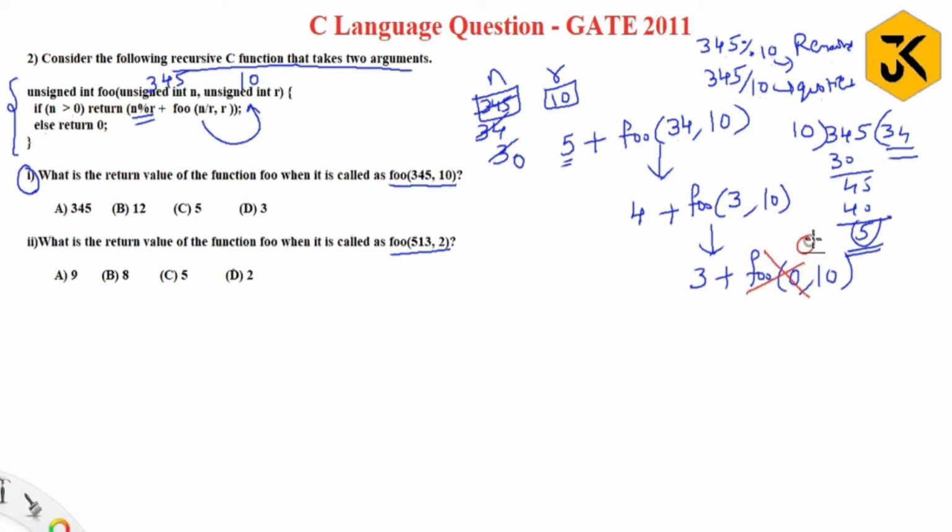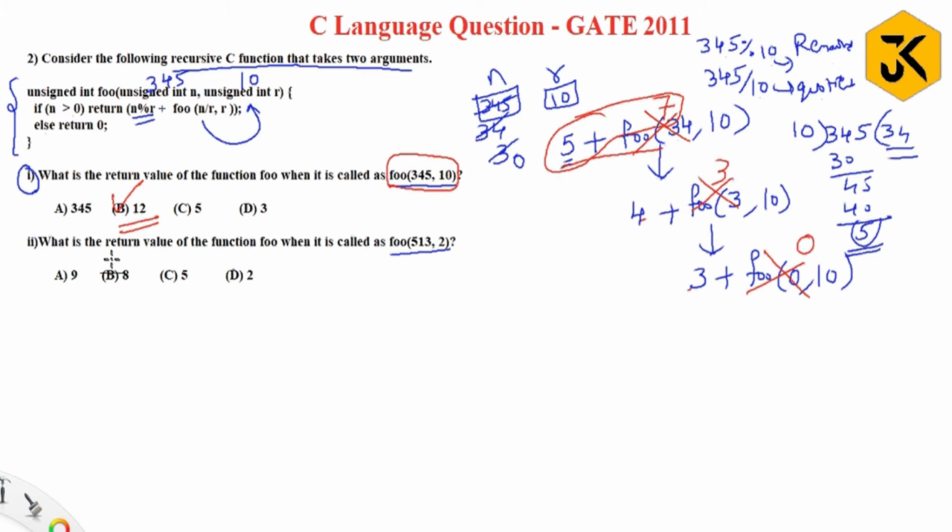So here you will get 0. 3 plus 0, 3. That will be replaced here. 4 plus 3, 7. 7 will be replaced in this function. Now 5 plus 7 is 12. That is our answer. So the function foo(345, 10) will return the sum of 5 plus 7, that is 12. So option B is the correct answer for the first question.